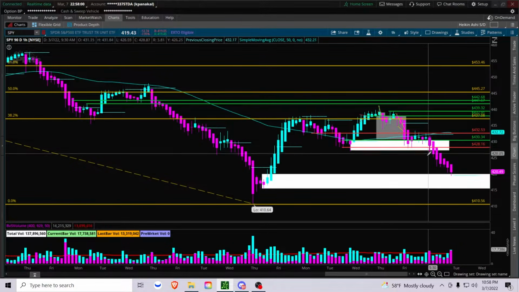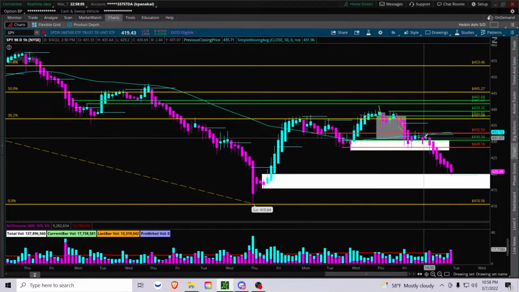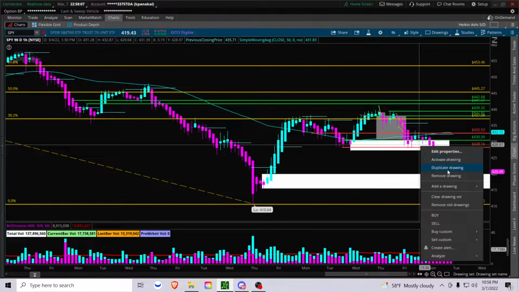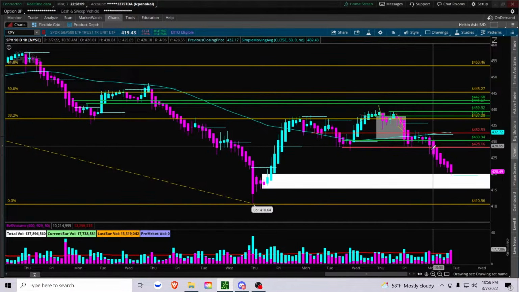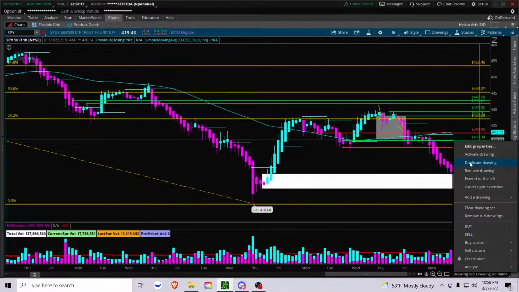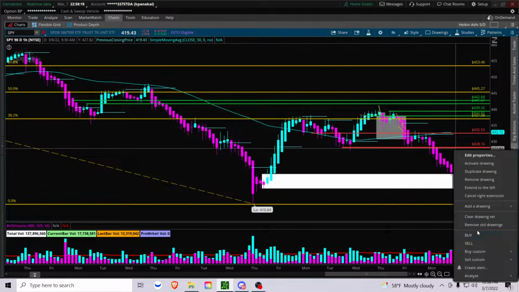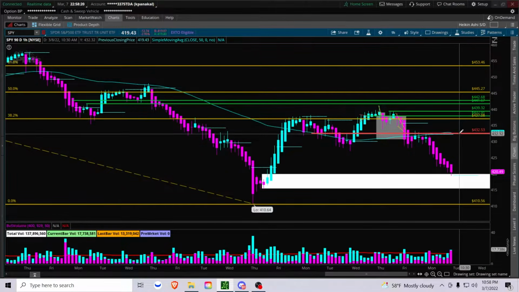I mean, the thing is, you can somewhat consider this. First of all, let's just remove this. As I said, you want to remove clutter, and that was just clutter, just like this level right here. You want to remove as much clutter as you can, because sometimes it's just going to make you a hesitant trader.